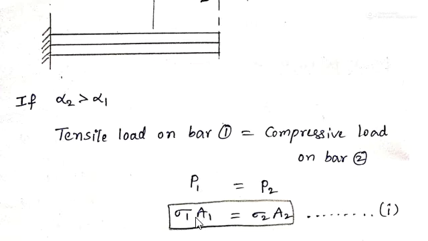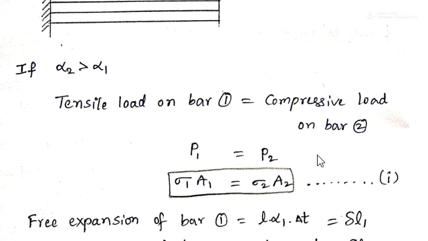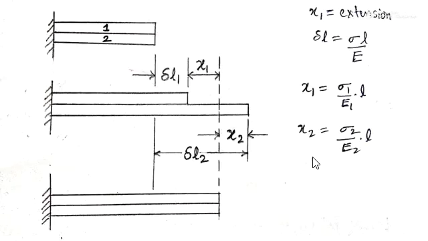So P1 we can write as sigma 1 A1, and P2 is sigma 2 A2. Let us take this as equation number 1. And here if you observe from the diagram, to get the same extension of bar 1 and bar 2, the total composite bar.